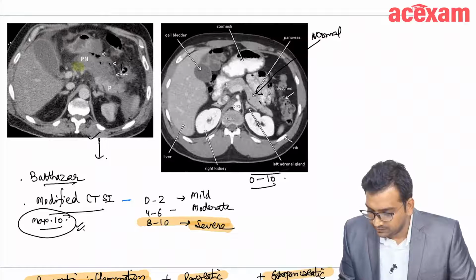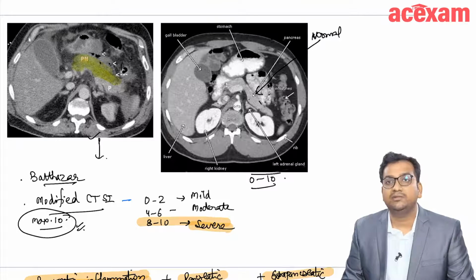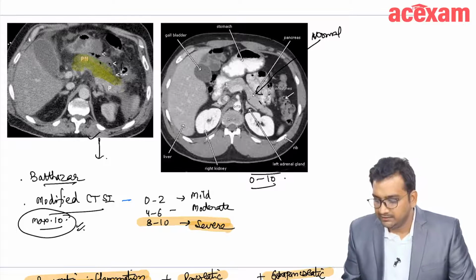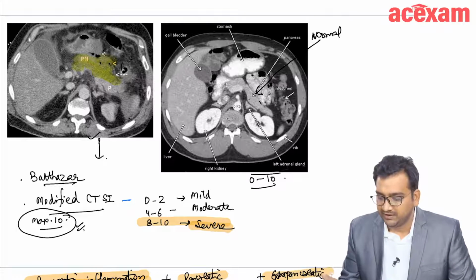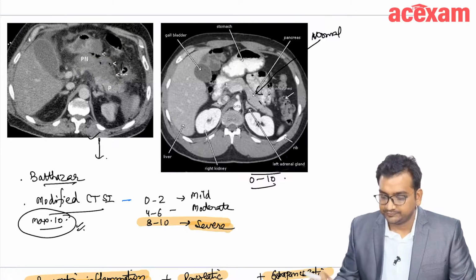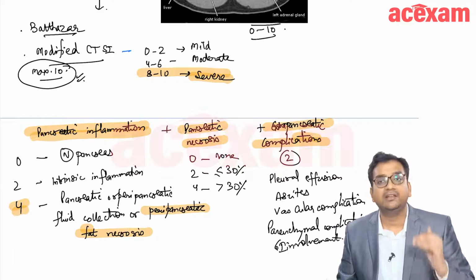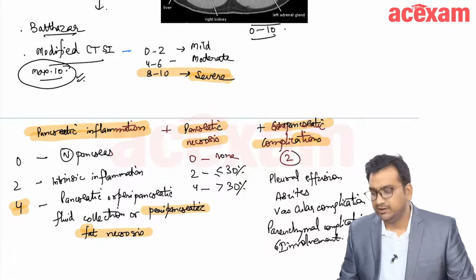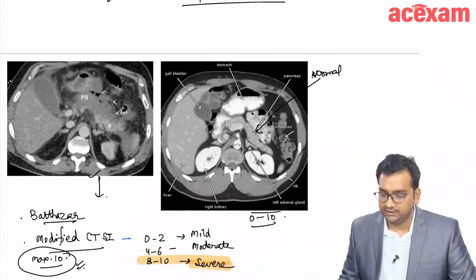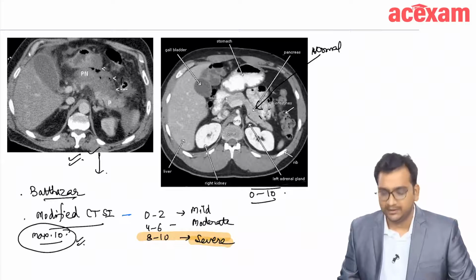This whole area here is necrosed, and there is some necrosis in the peripancreatic region also. So there is peripancreatic fat necrosis and more than 30% of the pancreas is necrosed. So at least this is 8. It can go up to 10 if there is some extrapancreatic complication. So this is a picture of severe acute pancreatitis.